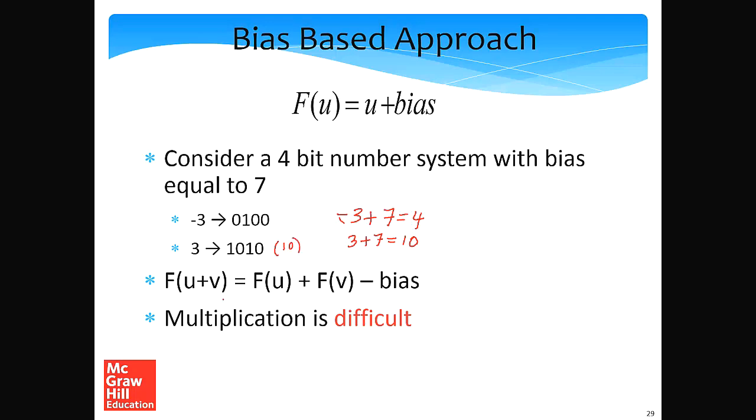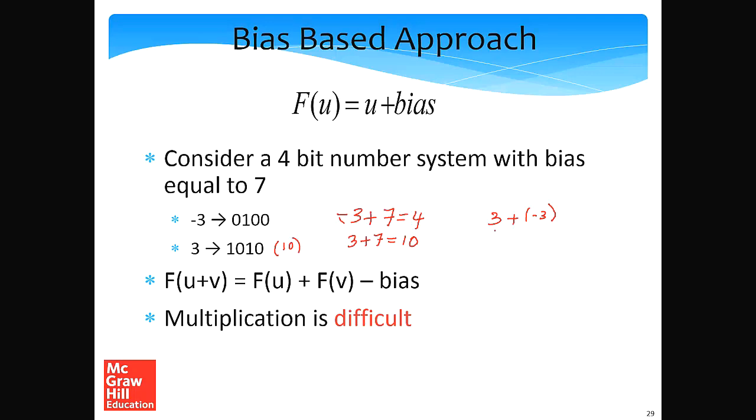If you want to add two numbers, it's easy. So in this case, addition of numbers is easy. All that we need to do is, the representation of u plus v, f of u plus v, is f of u plus f of v minus bias. So we can clearly see why that's the case. Let's say I want to do 3 plus minus 3.